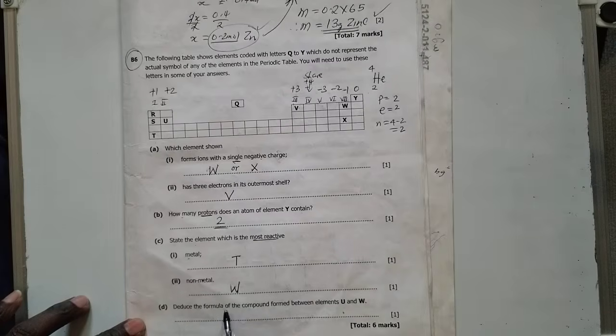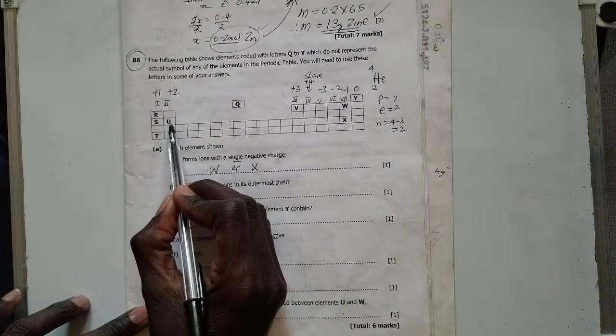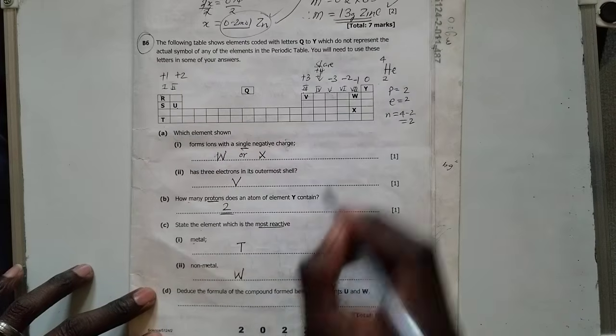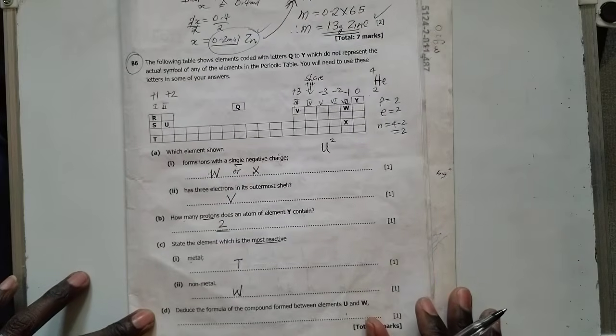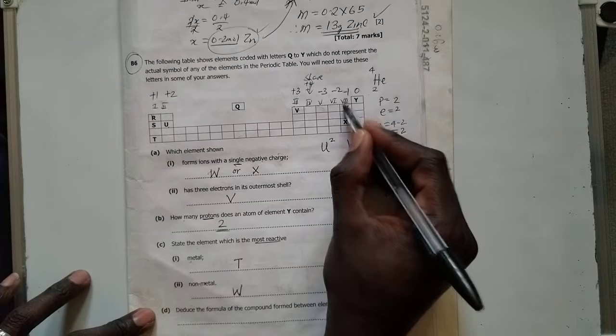Then it says deduce the formula of the compound formed between elements U and W. U is a metal found in group 2, so it has a valence of 2, and W is found in group 7.